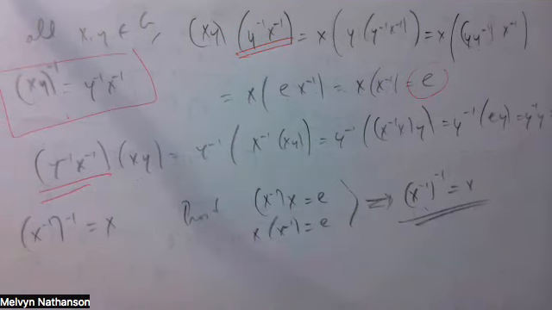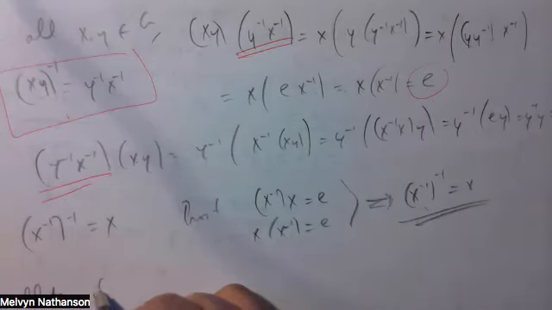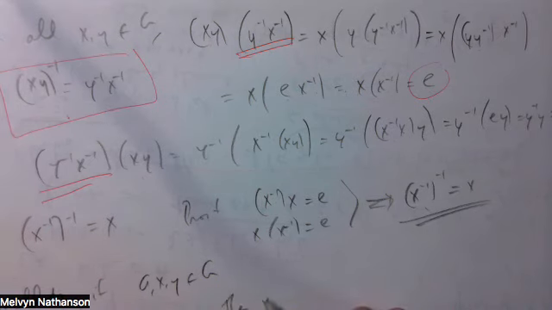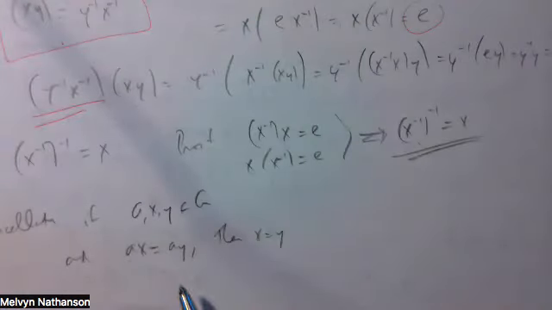We also have the notion of cancellation. If you have a, x and y in the group, and ax equals ay, then x equals y. That is, you can cancel the a. Proof.